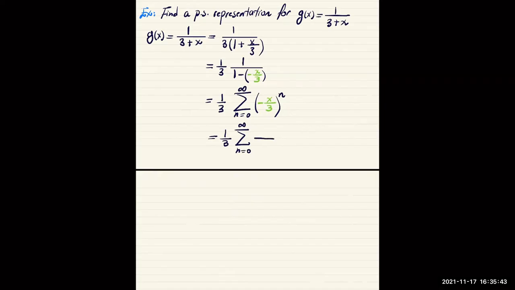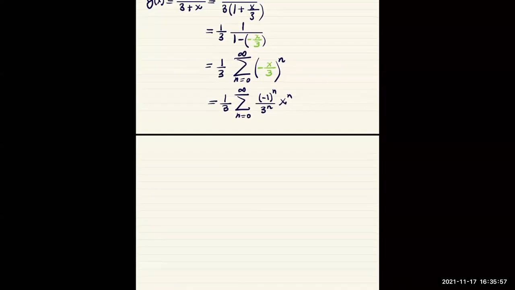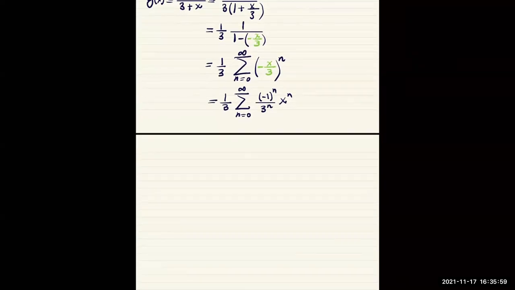So I could rewrite it like this: negative 1 to the power of n over 3 to the n times x to the n. There we go. Separate the factors and raise them to the power of n. And that way, if you want, you can distribute this 1/3 into the sum. Move that 1/3 into the sum.